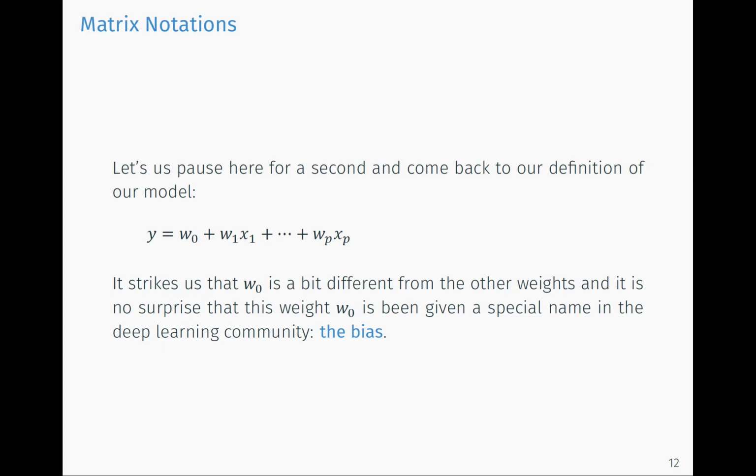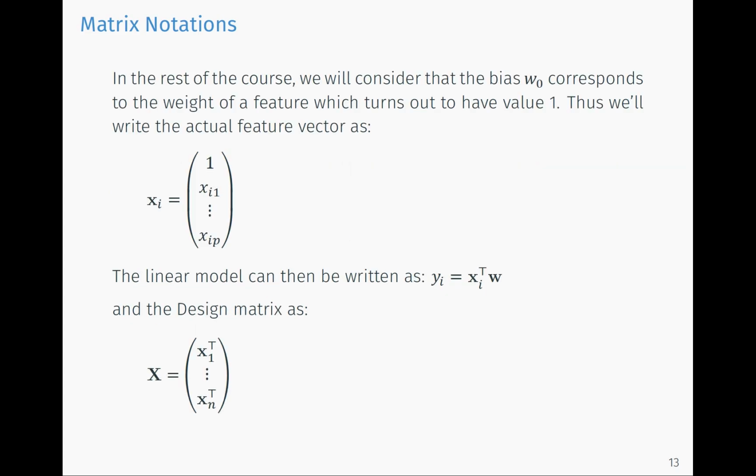The 1 gives me my offset. Does it make sense? It's kind of an artificial thing, but it allows me to do the maths in a nicer way. Now I can say, for instance, that this scalar outcome is the scalar product of these two vectors, one being the feature vector and one being the parameter vector. By having the 1 here, that allows me to get to that notation.